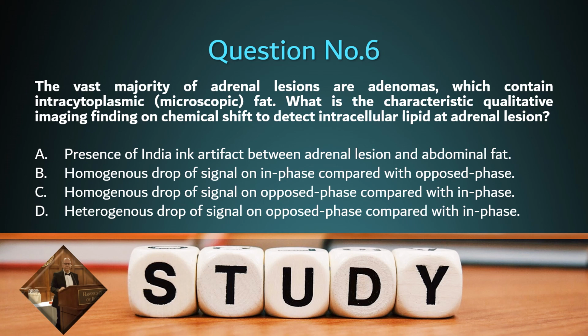Presence of India ink artifact between adrenal lesion and abdominal fat, homogeneous drop of signal on in phase compared with opposed phase, or homogeneous drop of signal on opposed phase compared with in phase, or heterogeneous drop of signal on opposed phase compared with in phase.